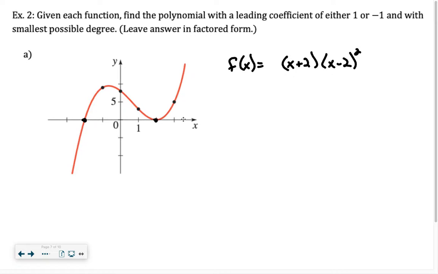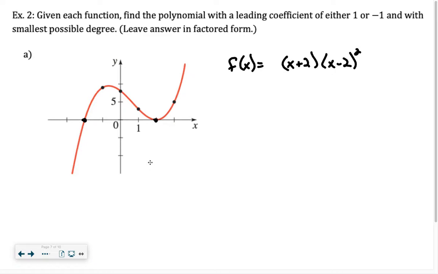As x goes to positive infinity, f of x goes to positive infinity. If we think back to our end behaviors, that means that my third degree function or odd degree function is going to be positive. Okay? So my coefficient here is just going to be positive 1. So this would be my final answer for writing the equation of this graph.